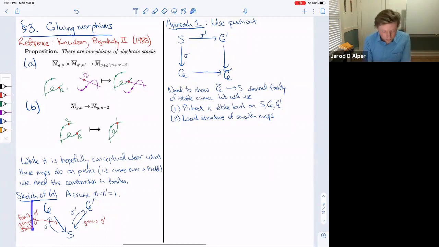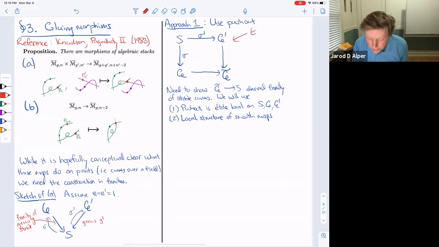The general case is no harder. So we're given two families of stable curves, C and C prime, of different genus, and they each have one section, sigma and sigma prime. And what we do is we just glue them by taking the pushout. And so the pushout here exists by a result of Ferrand.